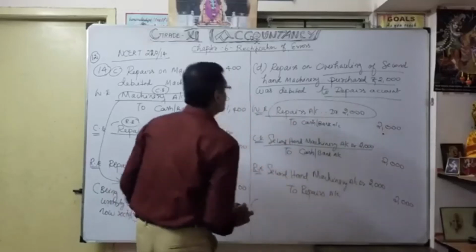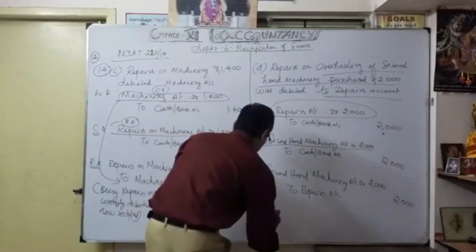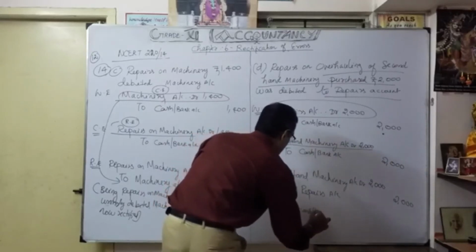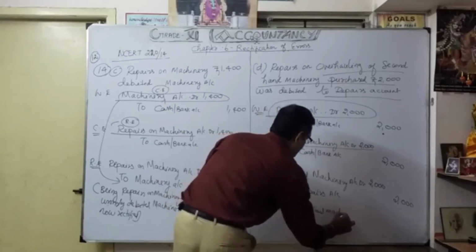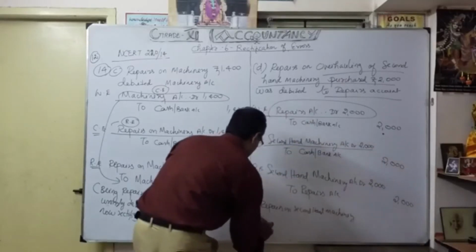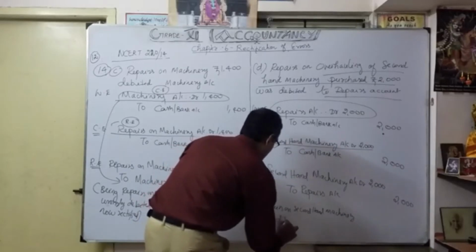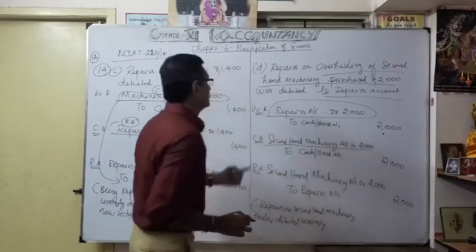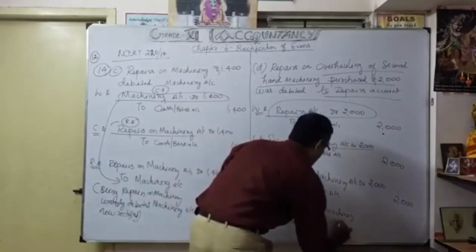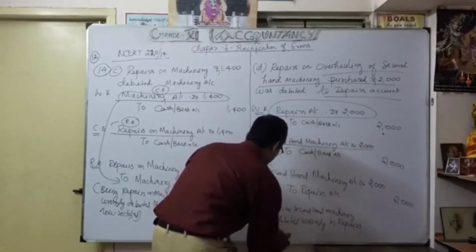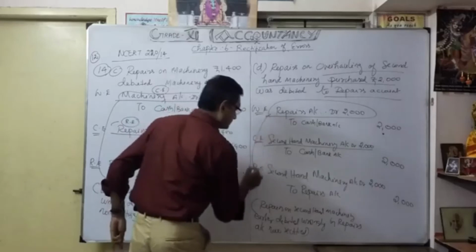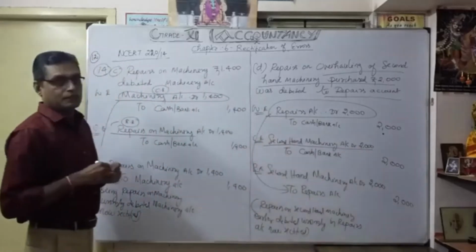So narration: repairs on second-hand machinery, earlier debited wrongly in repairs account. Now rectified. Okay, that's this one. Understood? Narration is very important.